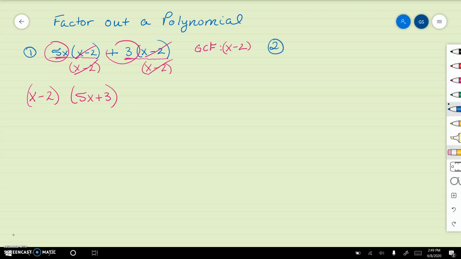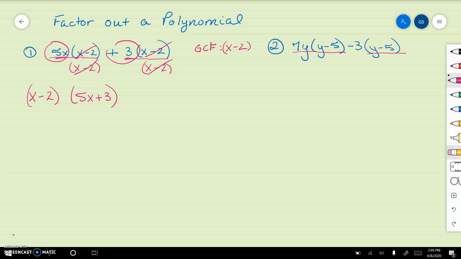Number 2 is 7y times y minus 5 minus 3 times y minus 5. Aha. Okay, what is your GCF? Well, what is common in both of the terms? It's not the 7 and the 3. It's the y minus 5, y minus 5.